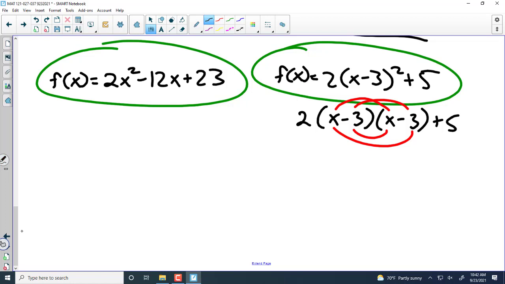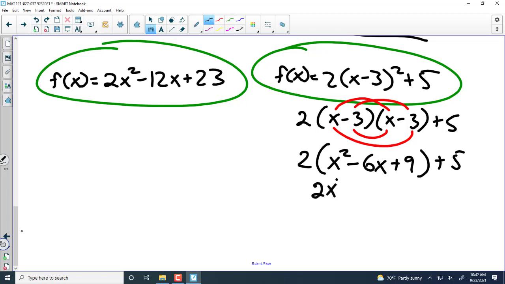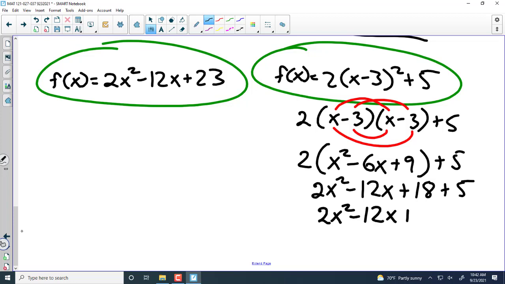And if I FOIL that, I'm going to end up with x squared minus 6x plus 9. Then I have to distribute the 2. Can't forget to do that. 2x squared minus 12x plus 18 plus 5. Collect like terms. 2x squared minus 12x plus 23.